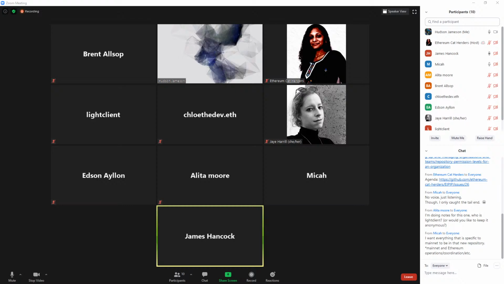And even though we're moving EIPs over, I don't imagine them being moved in the same format or as EIPs, because we have an opportunity to optimize the format for the specific case of what we're doing outside of the EIP process. I think a lot of what we've done was held in, at least by formatting and content, by the limits of the EIP process previously. So we have an opportunity to improve on that.